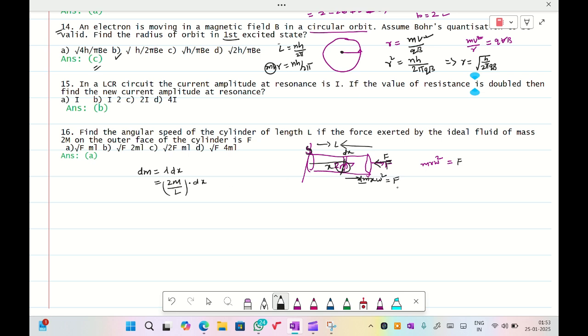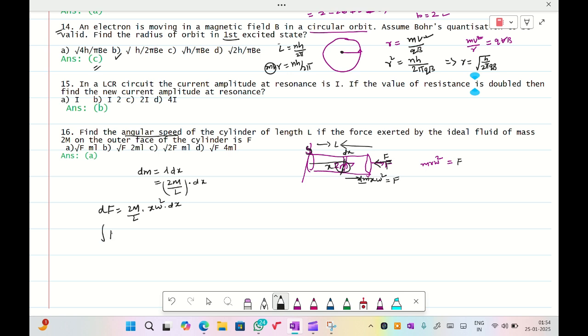So this is dm. Now the force is required to find the angular speed, omega. Therefore, F is equal to dm into x omega square, that is 2m by L into x omega square into dx. This is a small element, therefore I will take df.